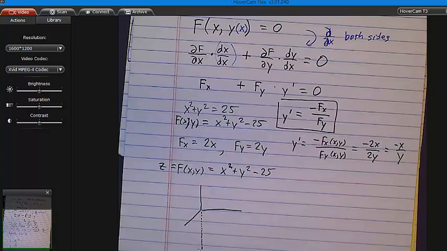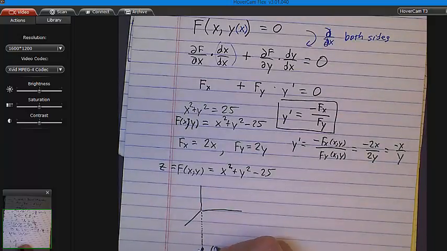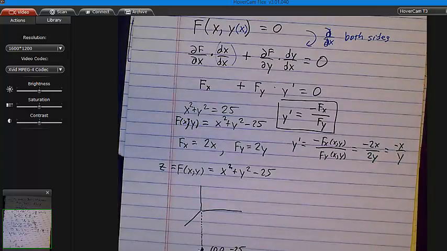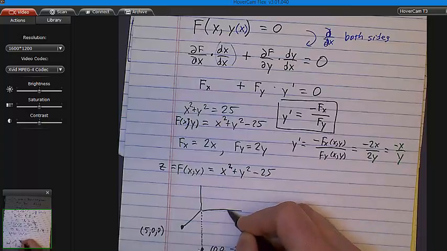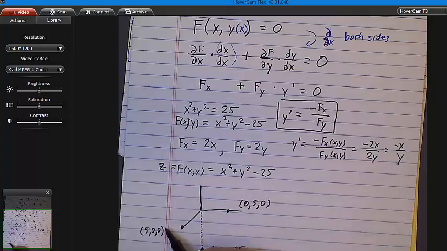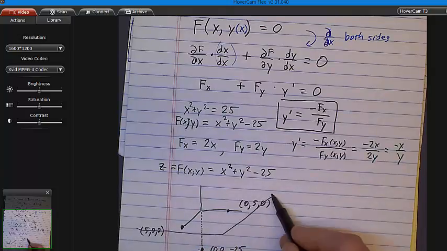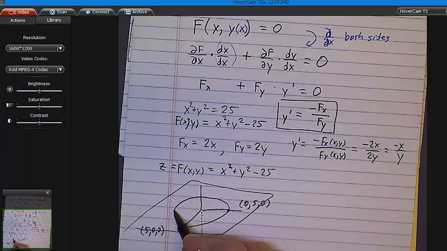I guess if you were at 0, 0, yeah, that'd be a point on it, right? So one of the points would be 0, 0, negative 25, right? But if I go all the way up to either 5, 0, 0, or 0, 5, 0, I see that in the xy plane, I have a circle, right? Which, if you want to make a circle look three-dimensional, you draw it like an ellipse, I was told.